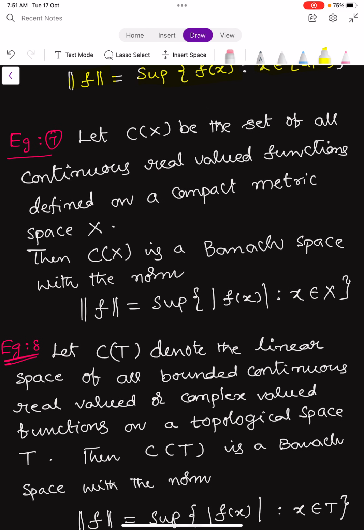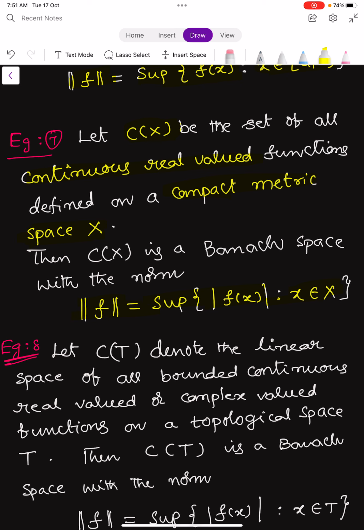Let us take one more example, example number 7, C(X), where X is a compact metric space, which satisfies the compactness property. C(X) is the set of all continuous real valued functions defined over the compact metric space X. This is also a Banach space with the norm defined by ||f|| = supremum of |f(x)| such that x belongs to X. It means the set of all continuous functions defined over a closed interval, by using the previous example.